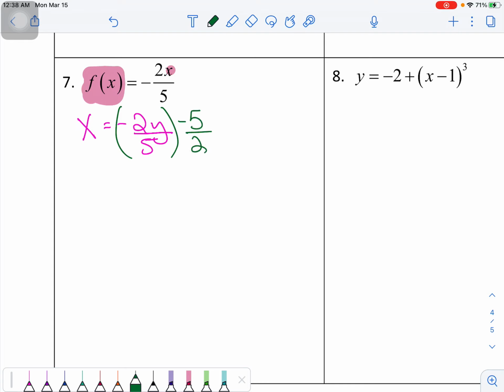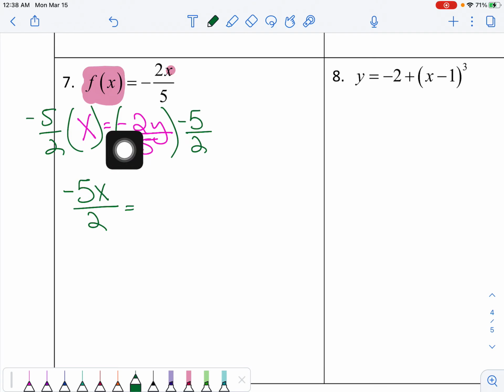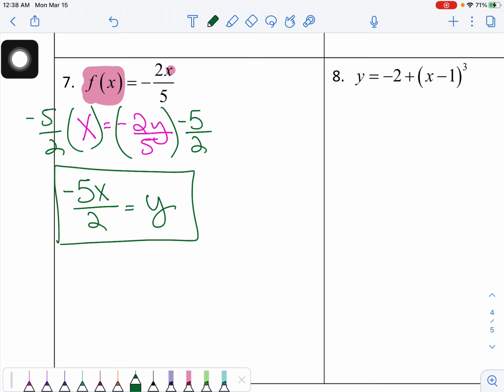Remember, just a big word that means flip the fraction over. So -5 over 2. So this would be -5x over 2 equals, the negative and negative will multiply to a positive. This 2 will divide out that 2. That 5 will divide out that 5. So all that's left is y.